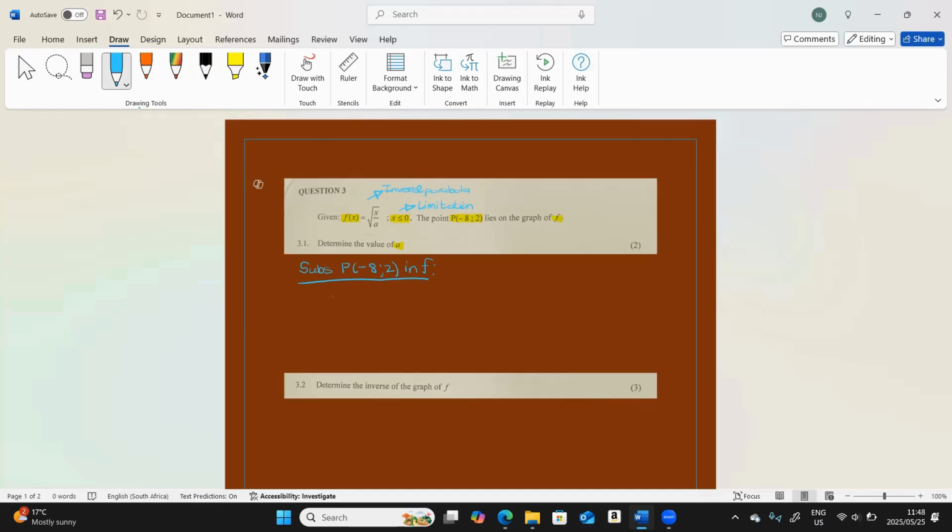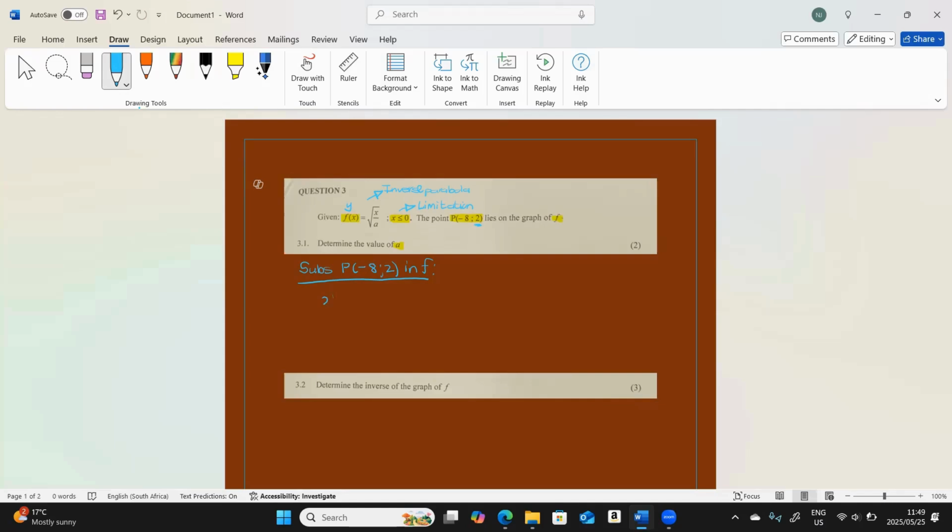We know that f(x) basically represents our y value. So we are going to replace f(x), our y value, with the y value of point P, which is 2.